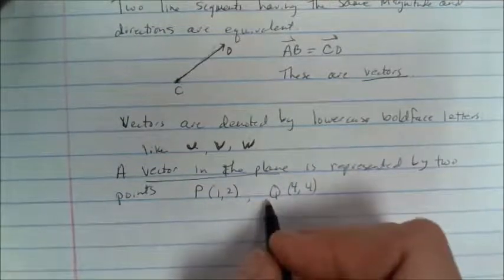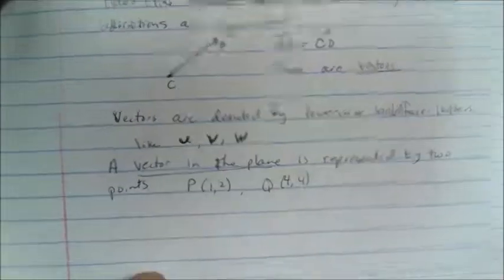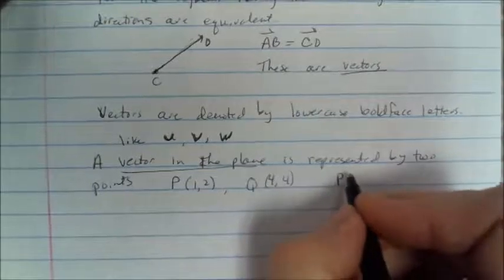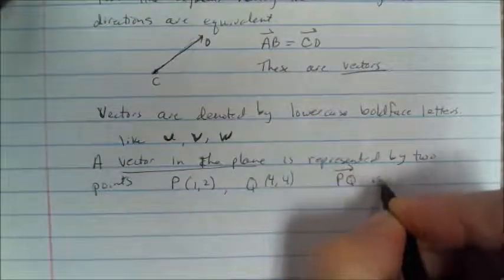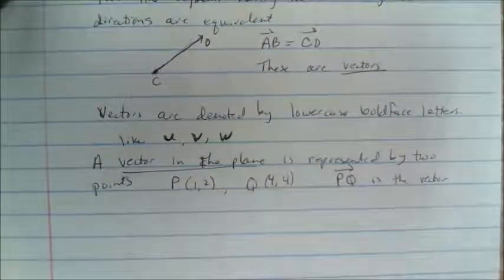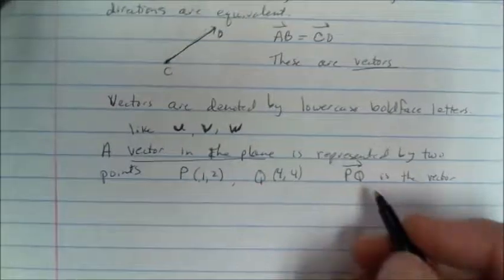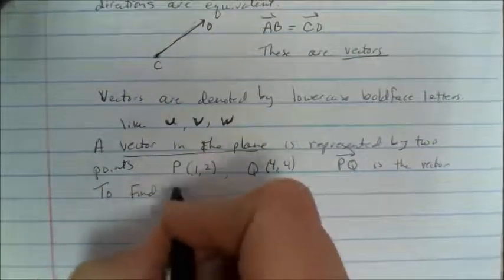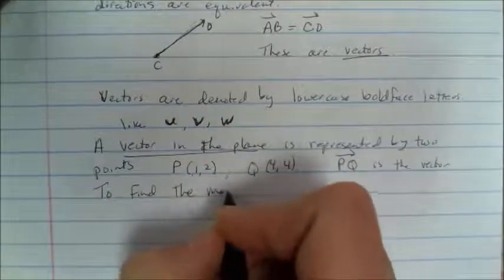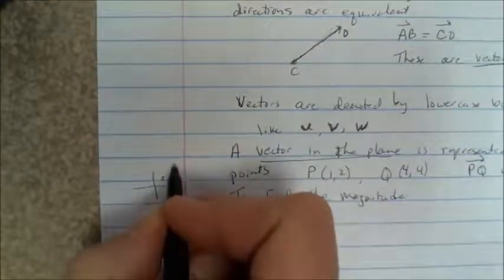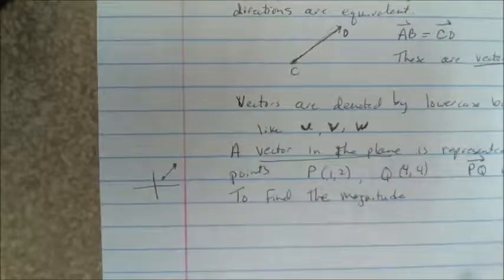And if I want to know what the magnitude of this vector PQ is, so PQ is a vector which has initial point P, terminal point Q. So if you want to find the magnitude, you can do a little quick sketch of this. Over 1 up 2, over 4 up 4. So here would be the vector over here.